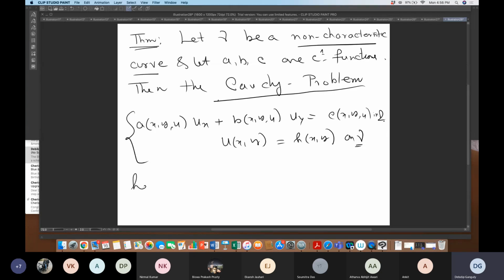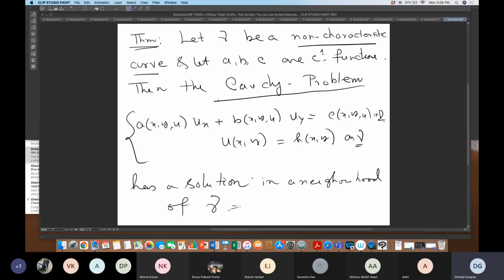This has a solution in a neighborhood of Gamma.